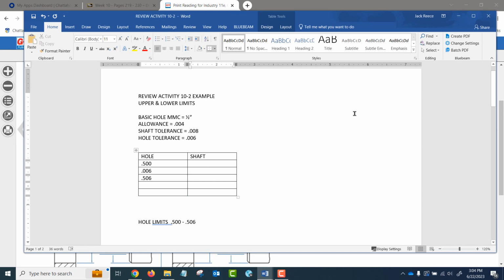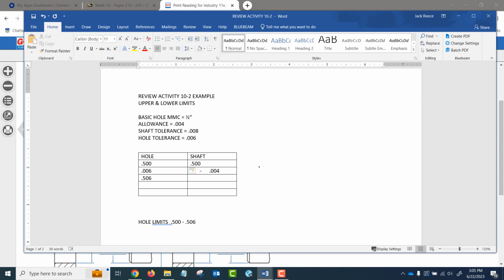Okay, now let's look at the shaft. We still have to start with our hole MMC, which is a 1/2 inch. And then we're going to subtract out the allowance. I don't know why that jumped over there like that. Okay, so we subtract our allowance, which is the difference between maximum material conditions.